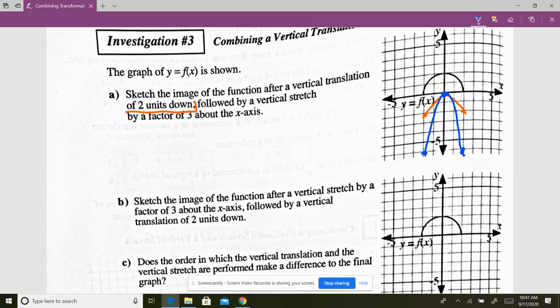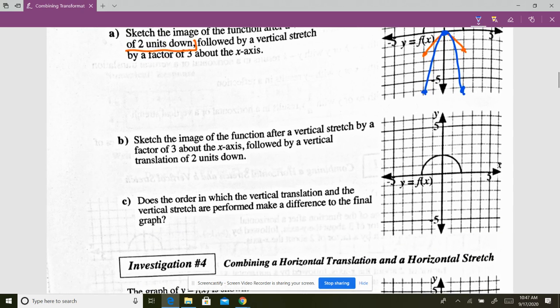B. Same graph. We're going to flip the order that we do things in. So now we're going to do the vertical stretch by 3 first. So multiply all the y values by 3. So 2 goes to 6. Those are 0. So I get that cone head thing.